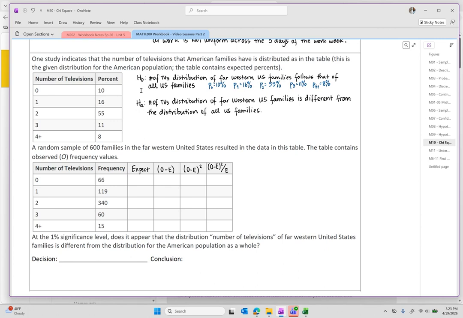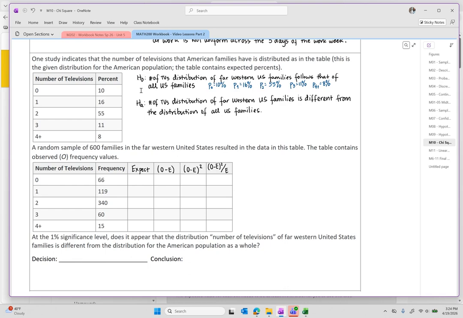Numerically, that means the proportion of families with 0 TVs is 10%, the proportion of families with 1 TV is 16%, the proportion of families with 2 TVs is 55%, the proportion of families with 3 TVs is 11%, and the proportion of families with 4+ TVs is 8%.